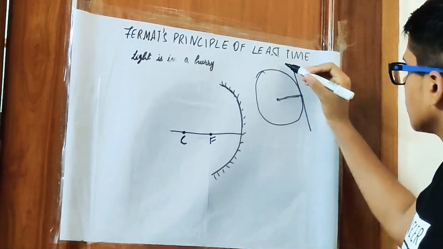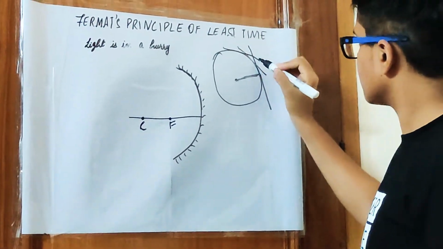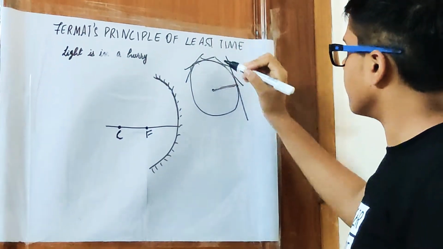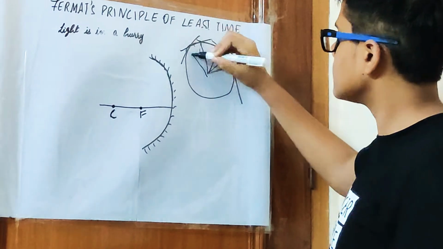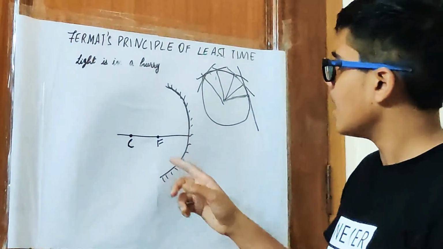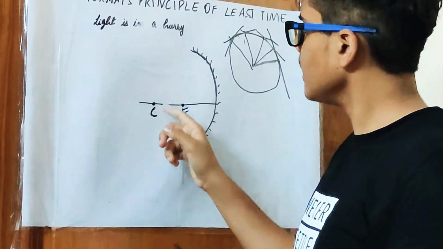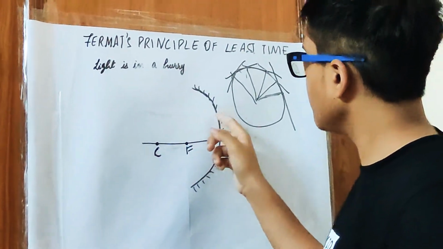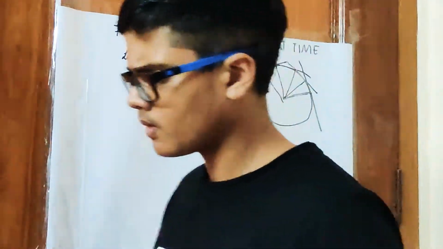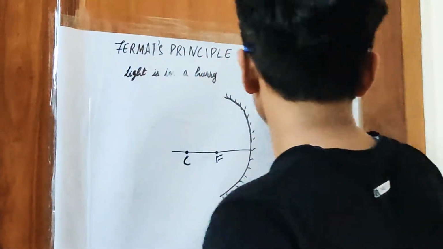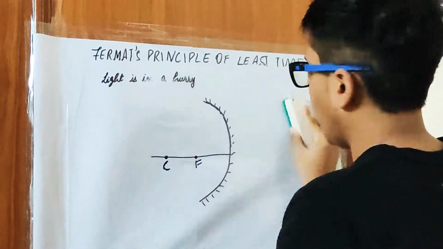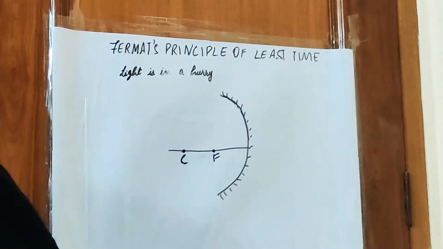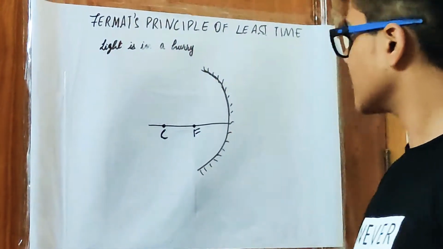So there are infinite tangents like this, and to each one of them the radius is perpendicular, which prompts us to think that any ray of light or any line passing through C will be perpendicular to this mirror. After the video, you might want to open your book and check this out.